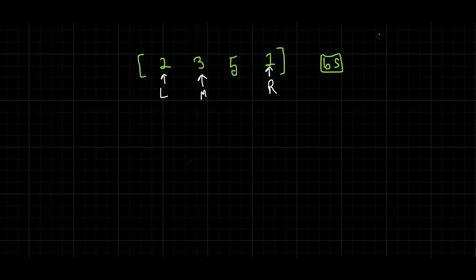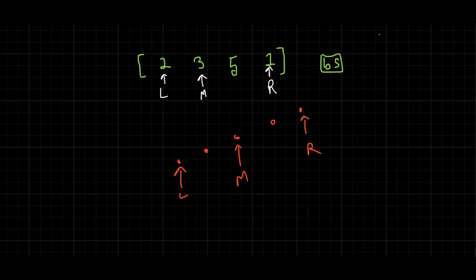Suppose let's assume our initial array is monotonically increasing. Now, suppose this is the left pointer and this is the right pointer. And suppose this is the mid.